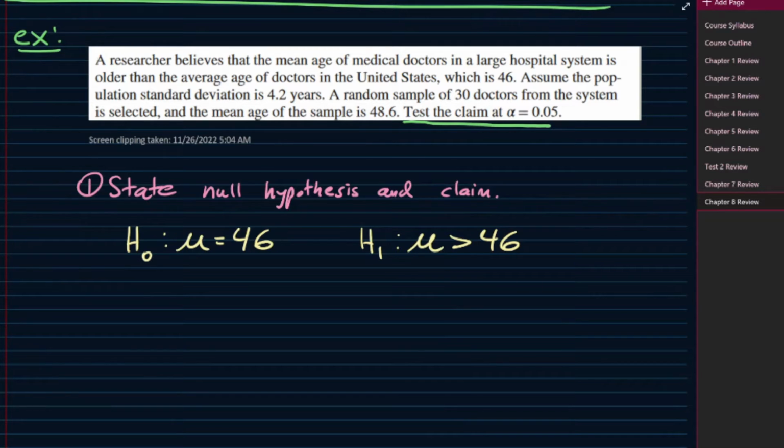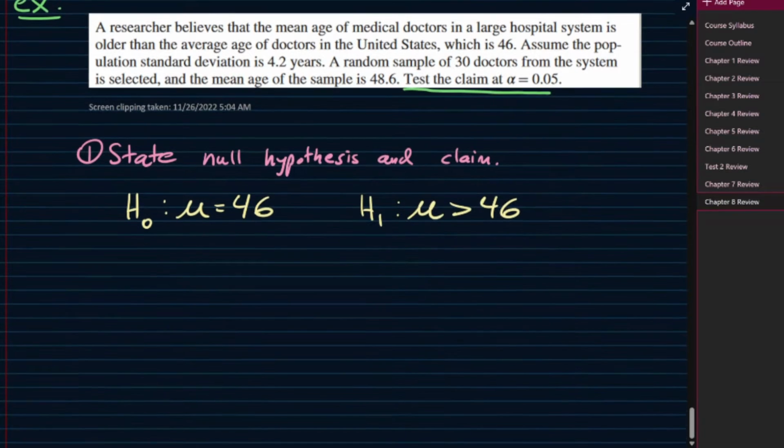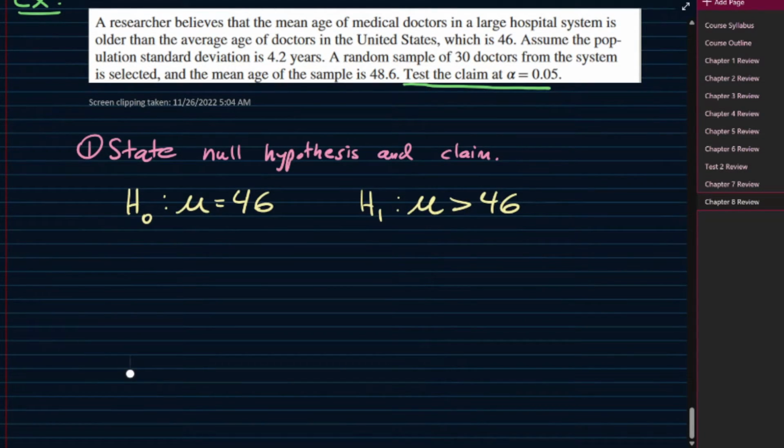So you really got to look at the question and try to pick out this information very carefully. So that's our null hypothesis and alternative hypothesis, aka claim. That kind of summarizes what the researcher is assuming and what they're testing. So very important information. That's why it's the first thing told.